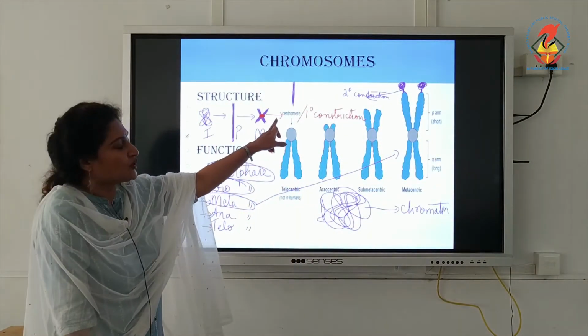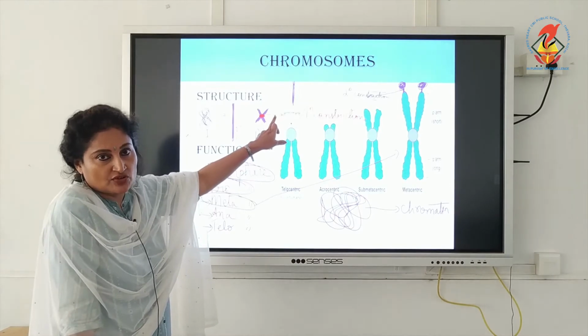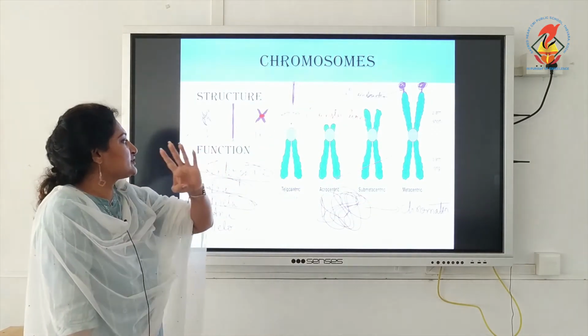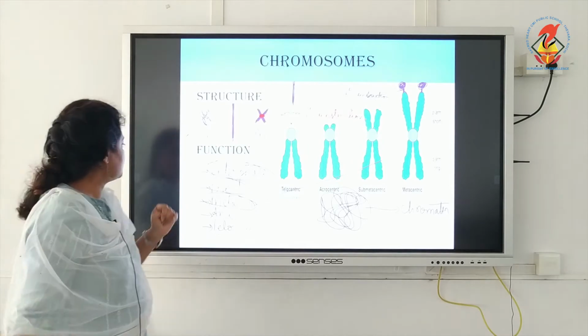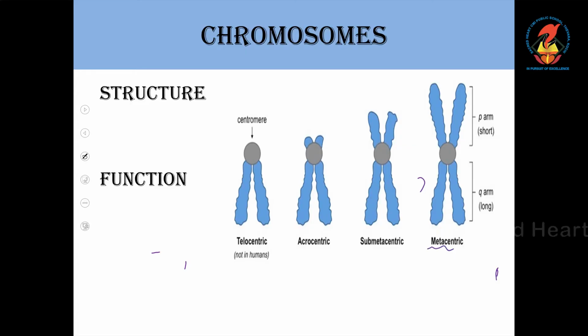Now, with respect to the location of the primary constriction or the centromere, chromosomes can be divided into four types. Metacentric chromosome, where the centromere is located in the middle. Only I am concentrating on the location of the centromere or the primary constriction.